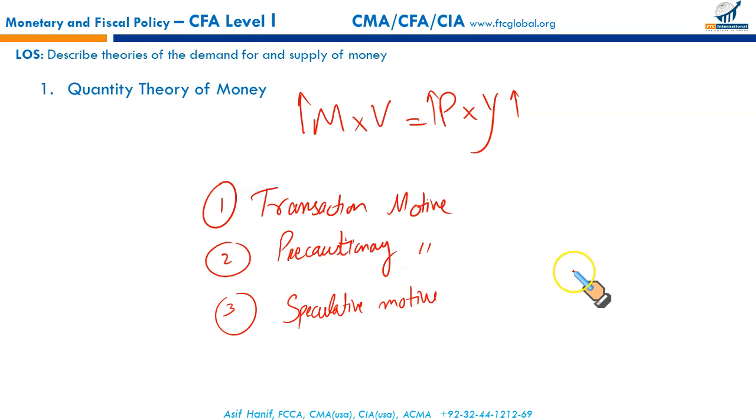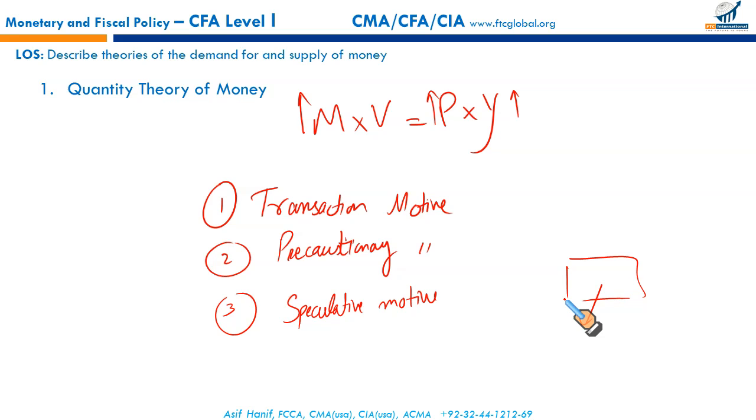Maybe my neighbor wants to sell his property at a throwaway price because he's going to relocate to the UAE market. So he's selling at a very low price. If I have cash, I can use it to make money, to benefit from some unexpected opportunity.